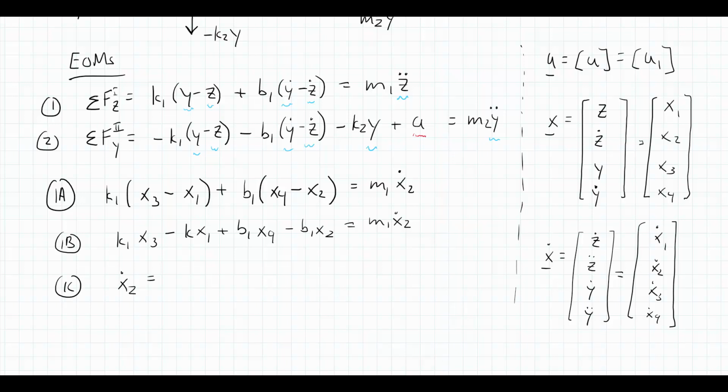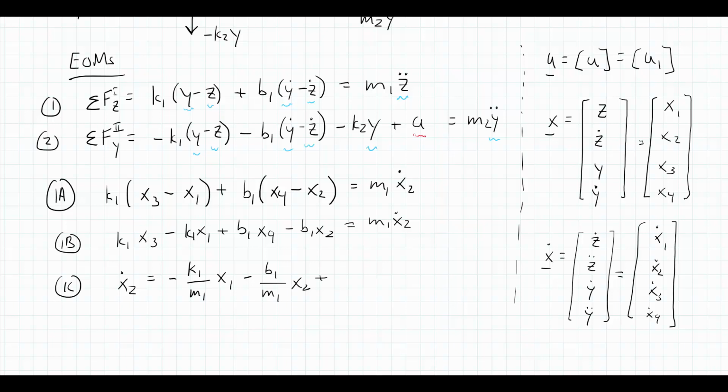So everything is going to have to be divided through by m1. So let's see, I'm going to put it now in the correct order, or ascending numerical order of x's. So I'll have a negative k1 over m1 x1. Now my x2 term, I only have one, a minus b1 over m1 x2.